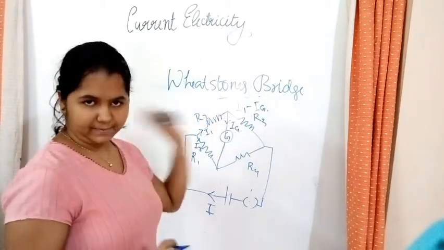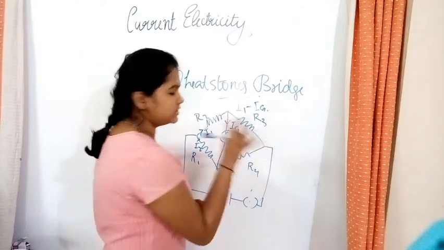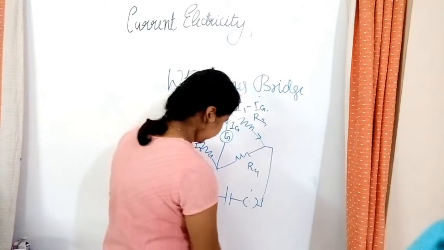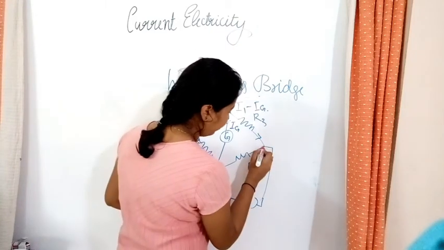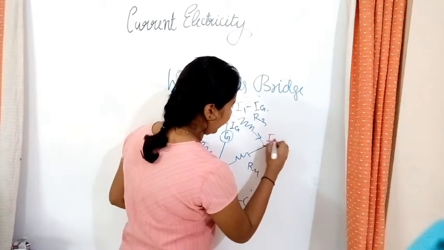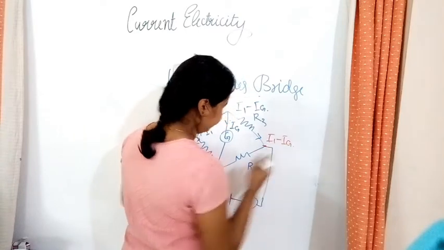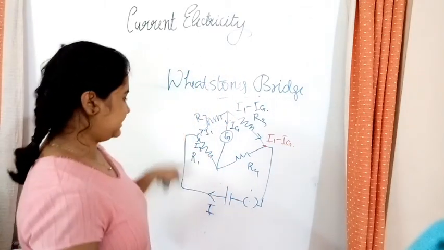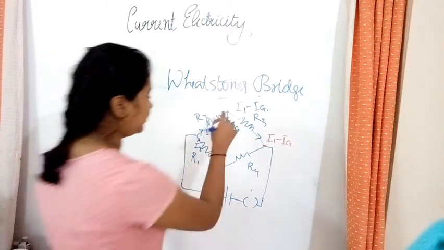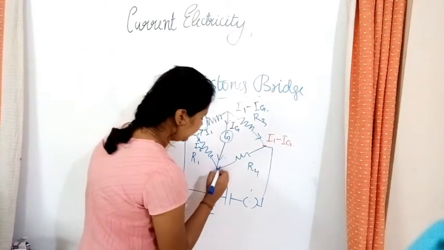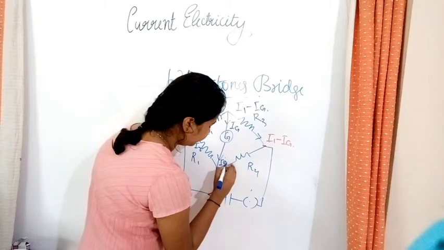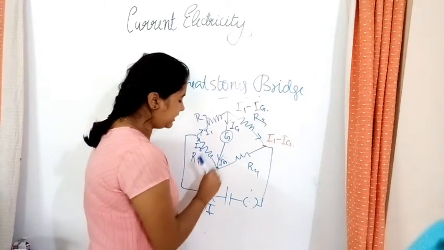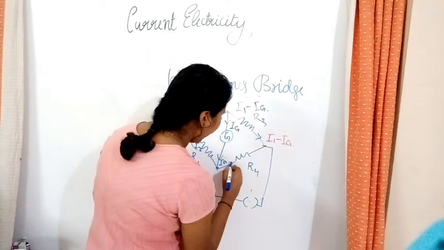Am I right? This I1 minus Ig comes till here, so we'll mark it over here. Now in this case, this Ig would come till here, no? So let this Ig be here. And when I2 comes here, there's a junction. These two will add up together and would move.